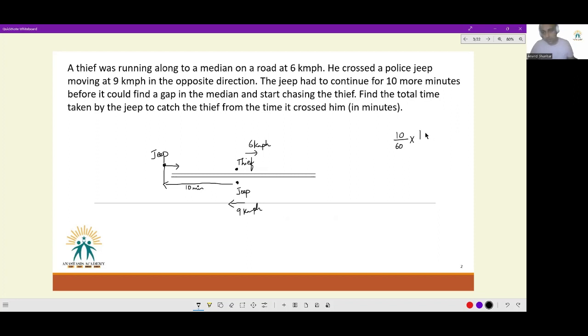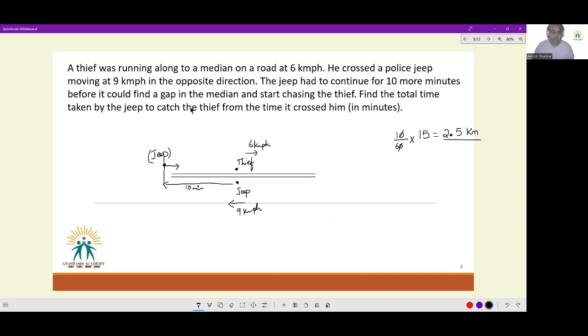So their relative speed in that instance will be 15. So they would have been separated by 2.5 kilometers. And this is at the instance when the jeep has made a U-turn and starts chasing the thief.